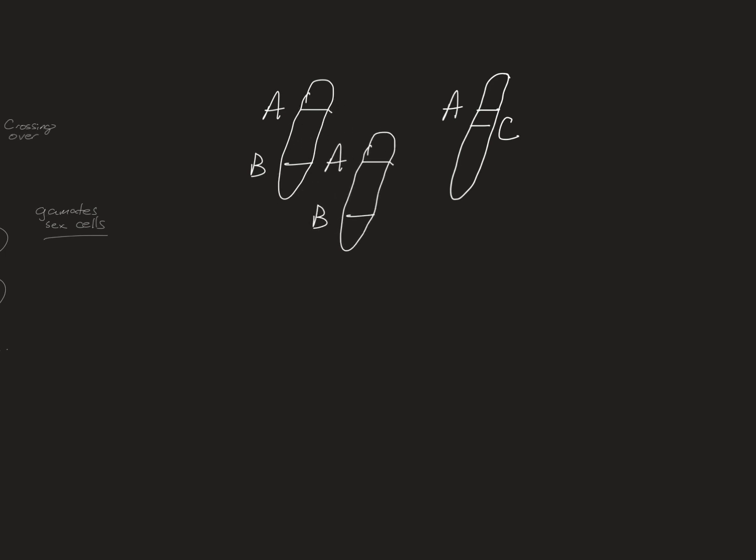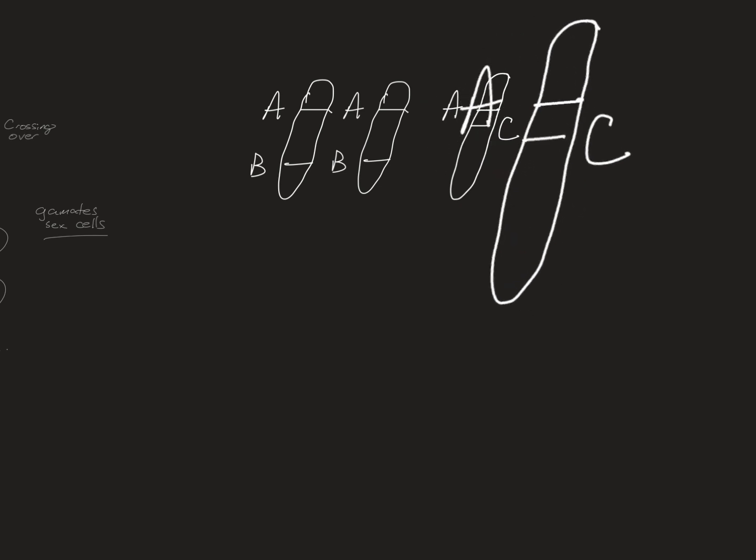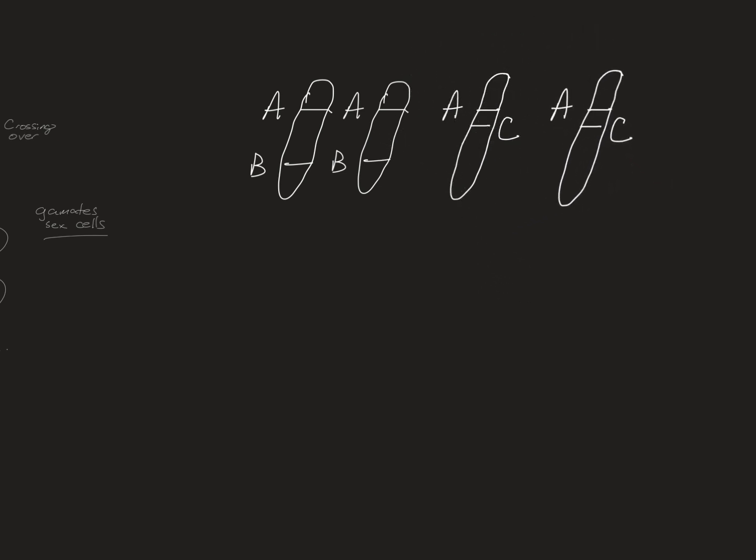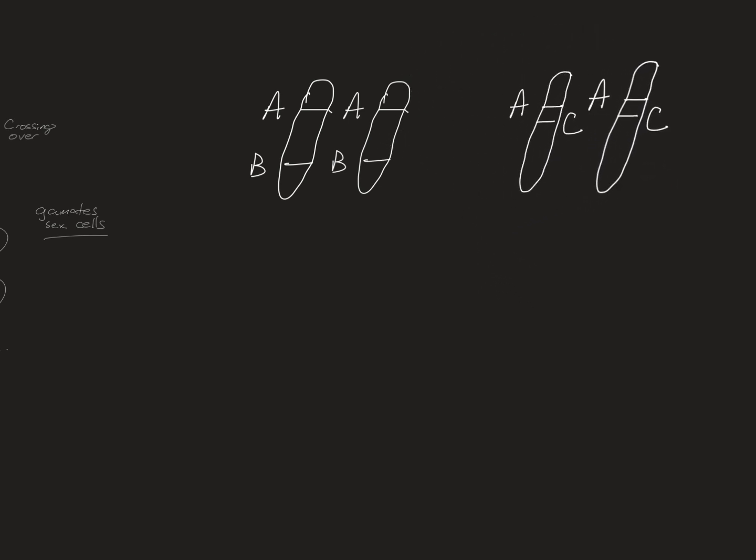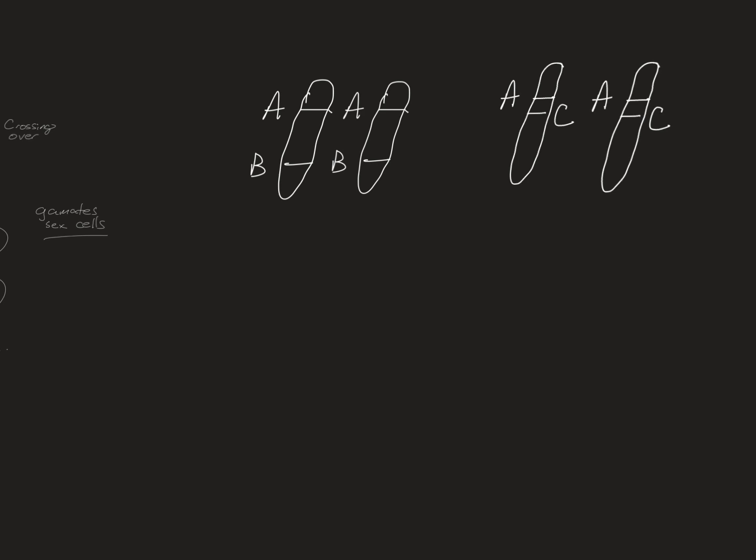What are the odds of this one flopping this way and crossing over in between this space versus this one doing the same thing in between there? It wouldn't be random if it was A and C, it would be less of a chance. Yeah, it can happen, but it's going to be rarer.